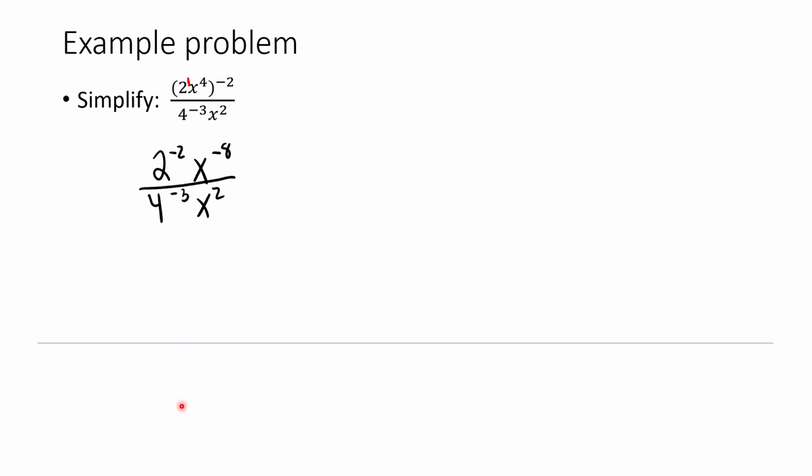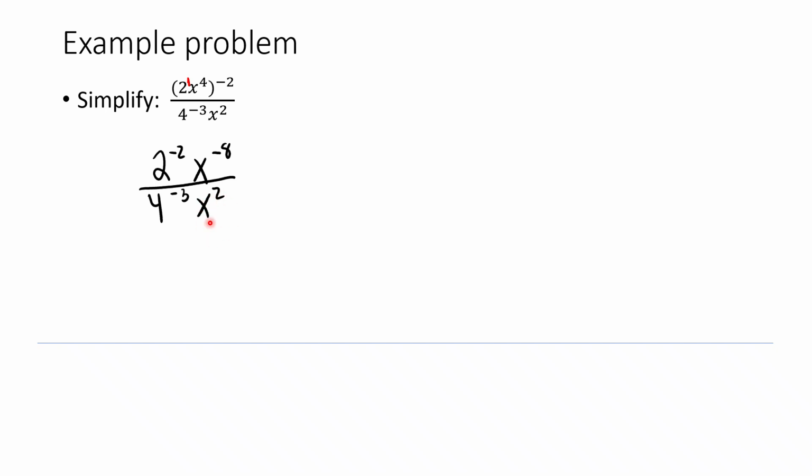Now we've got to deal with these negative exponents. Anything that has a negative exponent attached to it is going to change position. So the 2 right here is going to come down to the denominator and become 2 squared instead of 2 to the -2. The x to the -8 is going to come down to the denominator and become x to the 8th. And the 4 here is going to move up to the numerator and become 4 to the 3rd.